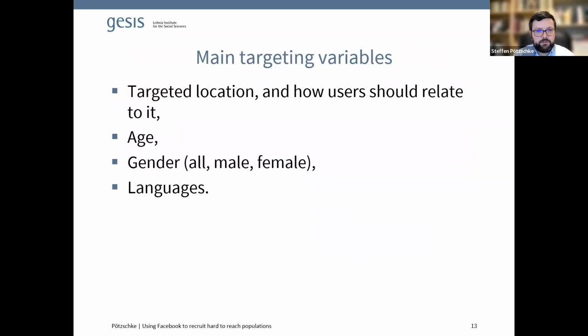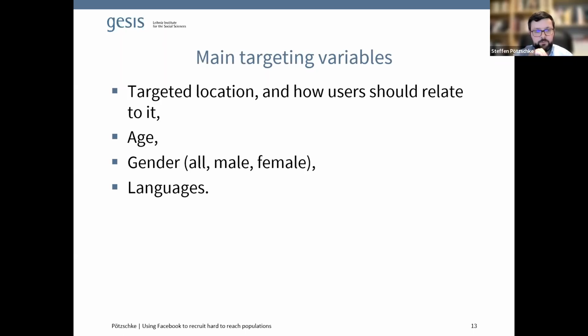So let's first of all look at the targeting variables. There are a number of very straightforward targeting variables, which I put here on this slide. If we want to do advertisements on Facebook or Instagram, we have to select a location in which we want to use the advertisements and how users should relate to it. We can define an age. We can select a specific gender.